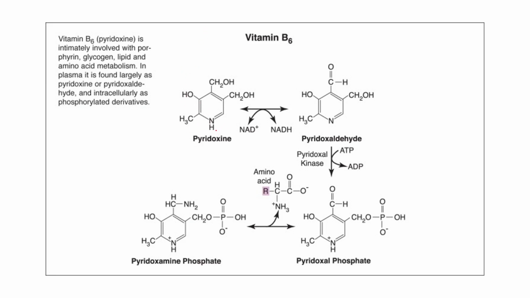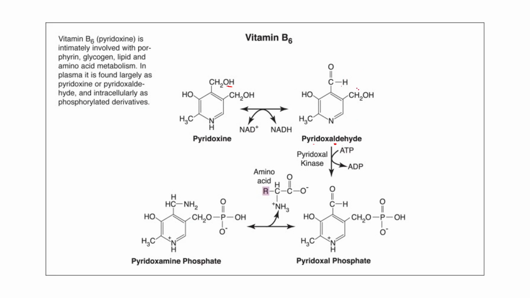It is actually converted to pyridoxal and pyridoxal phosphate. So here in pyridoxine we have an alcohol group. This alcohol group is converted to an aldehyde group and the molecule is called pyridoxal or pyridoxaldehyde. Okay, in short we call it pyridoxal.